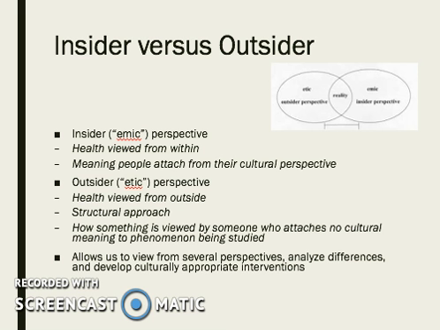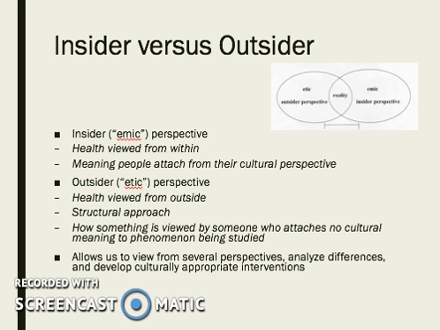The outsider perspective, or etic in anthropological terminology, refers to the same thing as seen from the outside. Rather than the meaning, it conveys a structural approach, where something is seen without understanding its meaning for a culture. It can also convey an outsider's meaning attached to the same phenomenon.